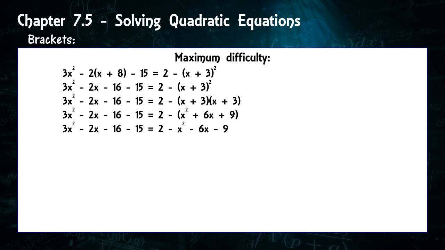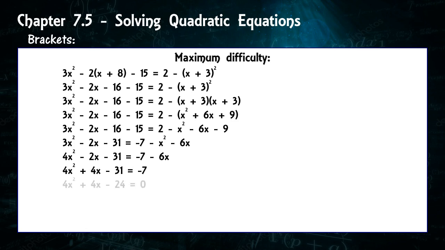We simplify as much as possible to receive 3x^2 - 2x - 31 = -7 - x^2 - 6x. The whole right hand side is messed up, but we have to set that one equal to 0 anyways. We receive 4x^2 + 4x - 24 = 0.